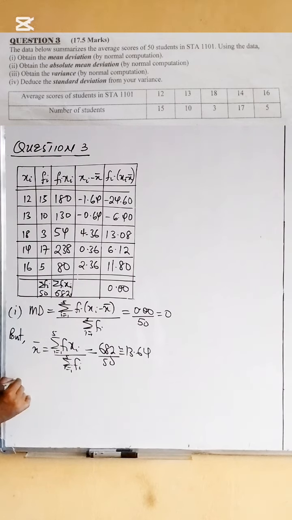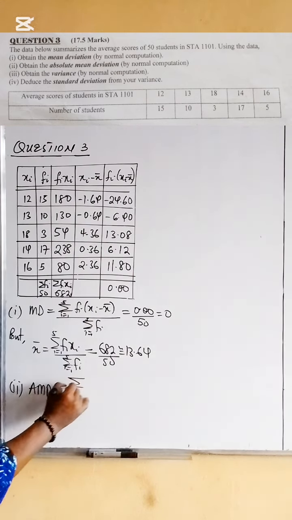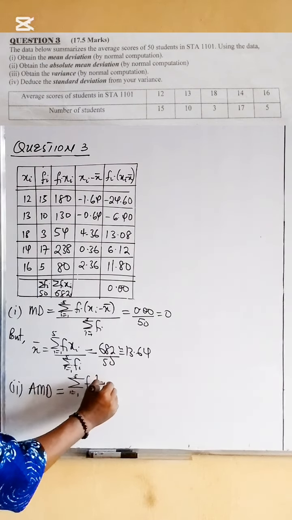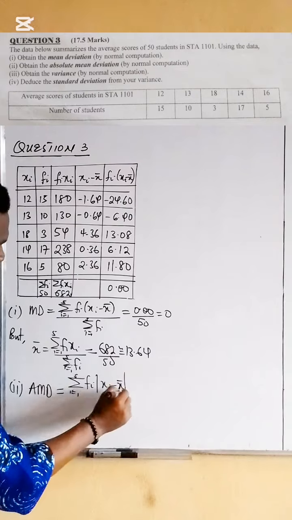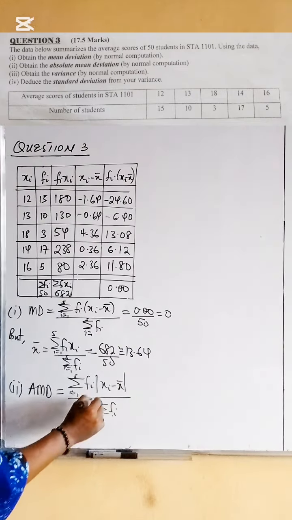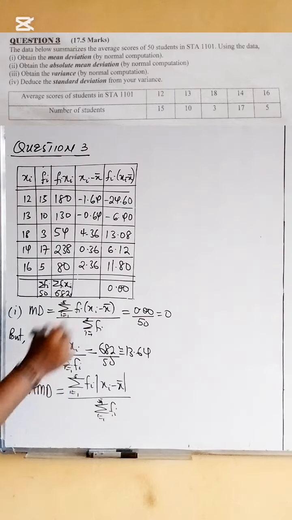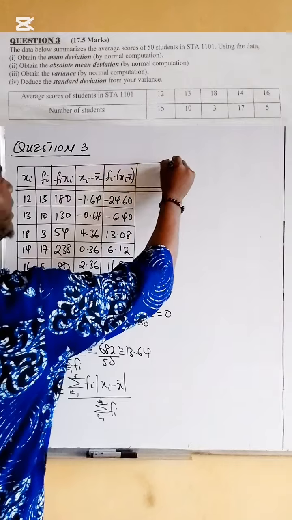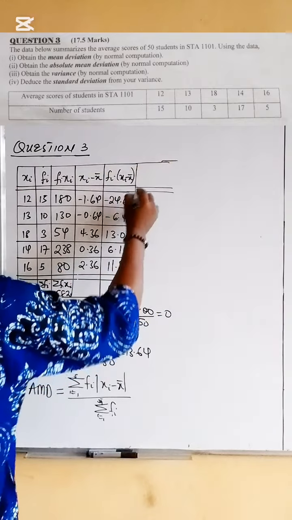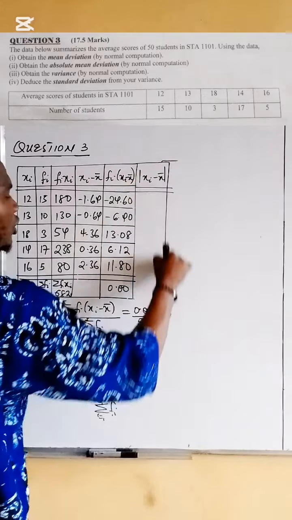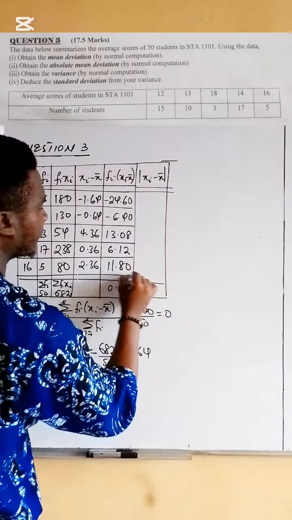The absolute mean deviation requires that we take summation from i equals 1 to 5 of fi times the absolute deviations from the mean, okay, divided by summation fi. So we will go back to the table and add more columns. So here, what we shall do will be to create a column for xi minus x bar.